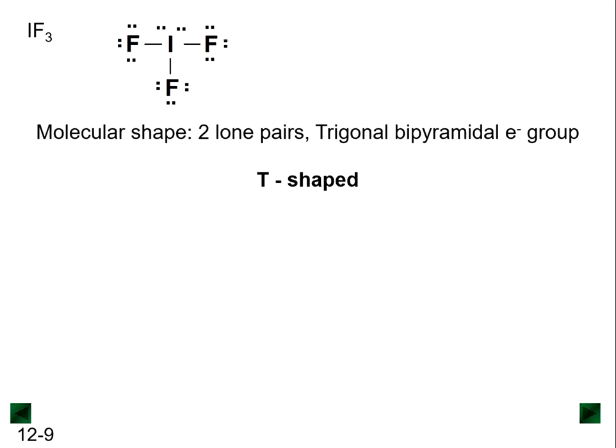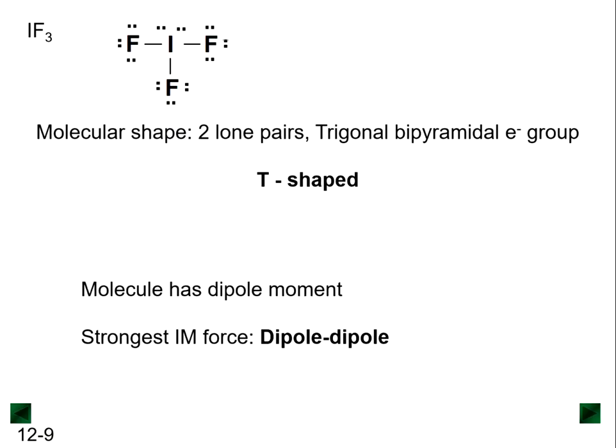The iodine side will be positive. It has a lower electronegativity. This molecule has a dipole moment. There are no ions in this system, and there are no hydrogen atoms, so the dipolar force is the strongest. So in this case, then we identify the strongest intermolecular force as dipole-dipole.